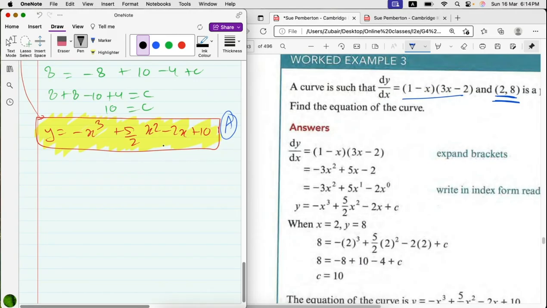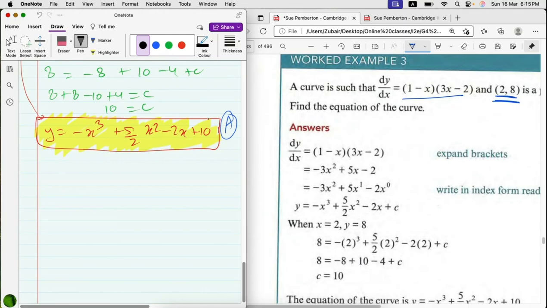Negative 3x squared plus 5, so 2 times 5 over 2, that'd be 5x minus 2. Yeah, and that should be the one that we got.